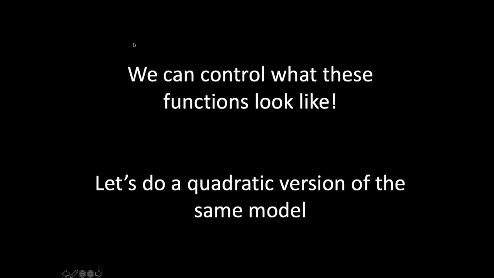But we don't have to use straight up linear response functions. We can actually control what these functions look like. And this is where GLM gets really flexible and really fun, because you can say, okay, maybe the response of my species to an environment isn't actually a straight up line. Maybe it's quadratic, right?